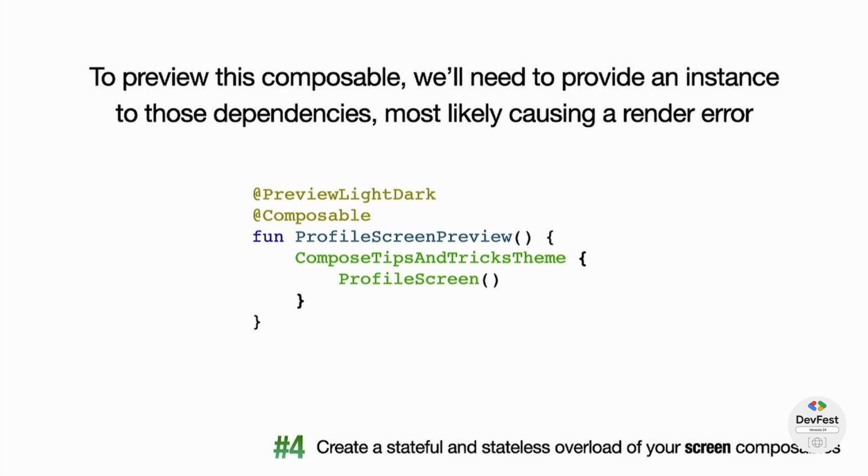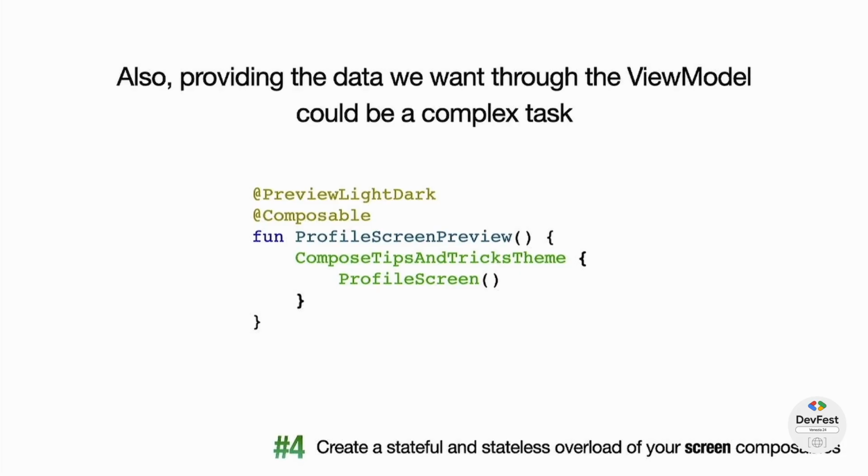If you go to the documentation of previews, you will see that previews have some limitations, like with view models, with some system classes, with some context, and all that the previews can't supply, right? So how do we fix that? Also, providing the data we want through the view model could be a complex task, because we could be collecting a flow, and all that can be very messy.